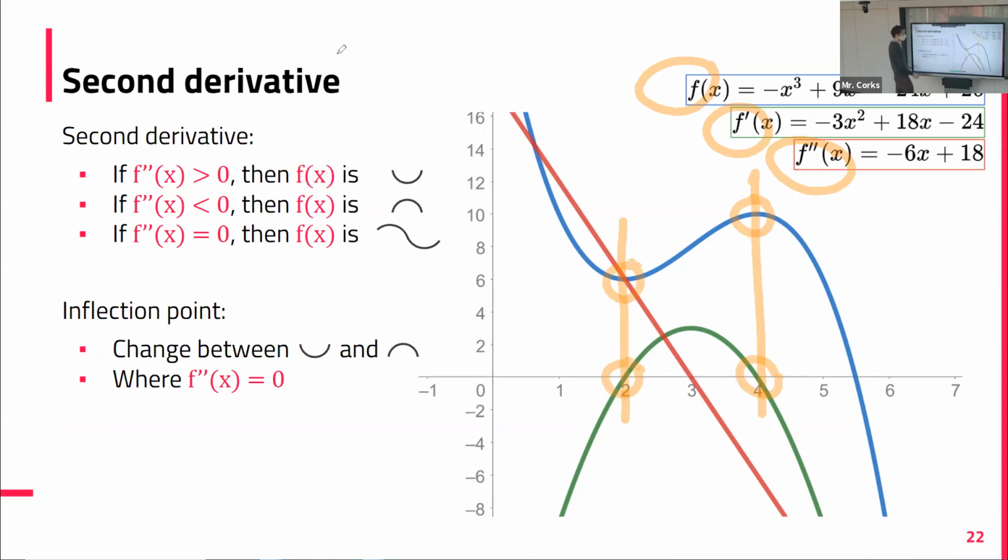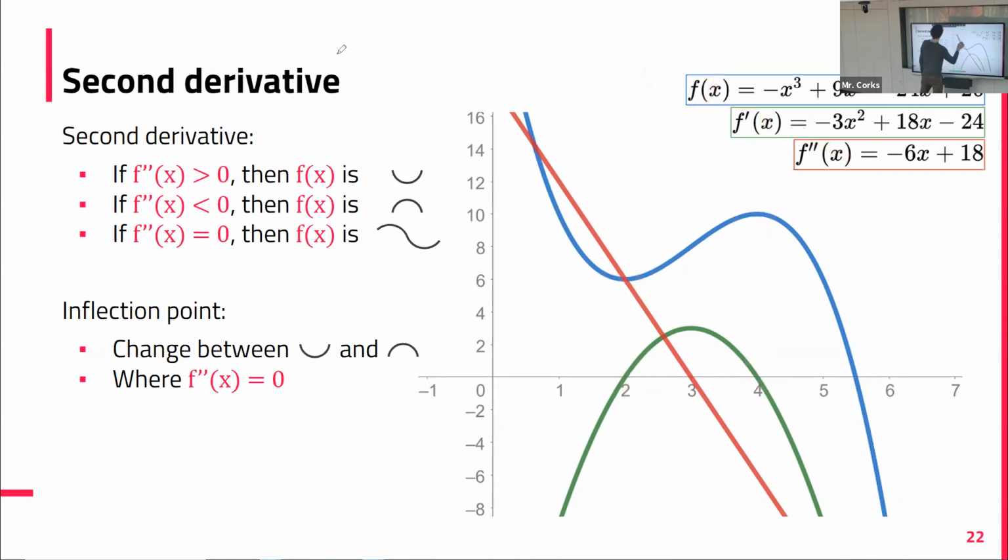We can see those things. We can also notice relationships between the first derivative and the second derivative, the green one and the red one, because the red one is the derivative of the green one. So where the green one has a maximum point, the red one has a 0. That part of the relationship is not too complicated, but it's the blue one and the red one that we care about.